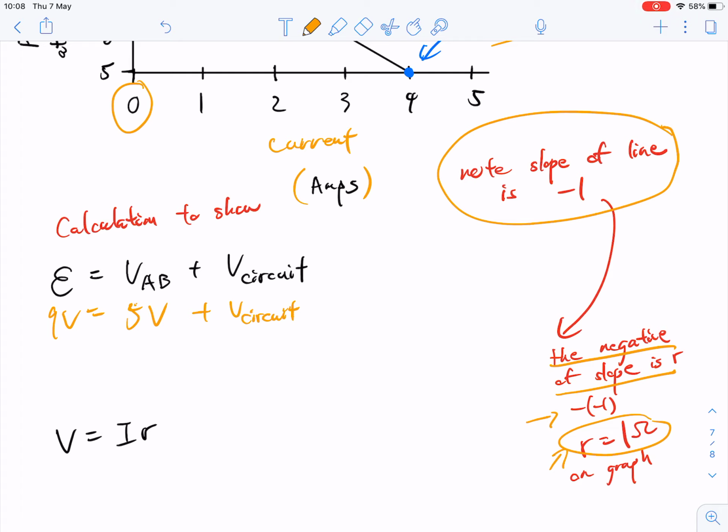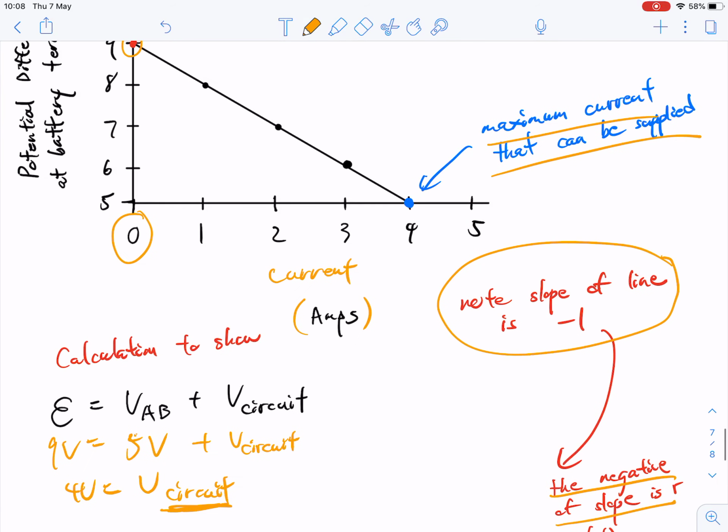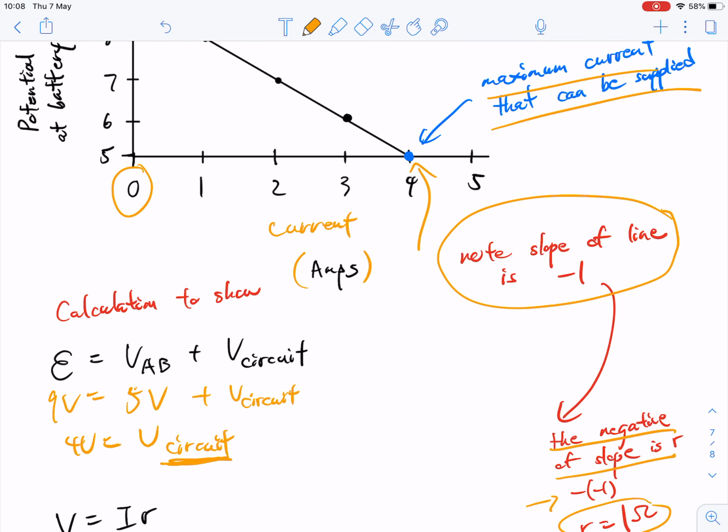So when we simplify the math, we have 4 volts being supplied. So the V of the circuit, or the battery itself. Again, we can substitute that 4 volts being used up by the battery. It's drawing 4 amps, right? So the maximum current is 4 amps, okay?